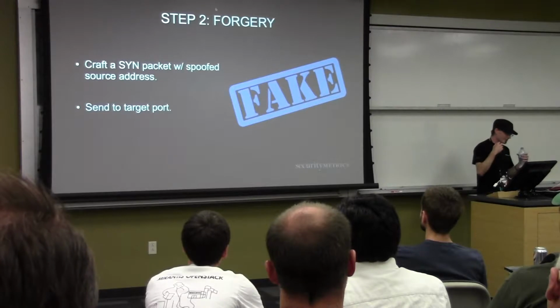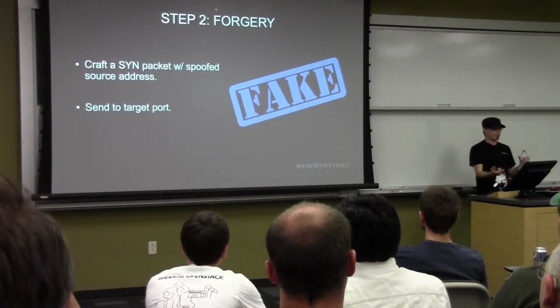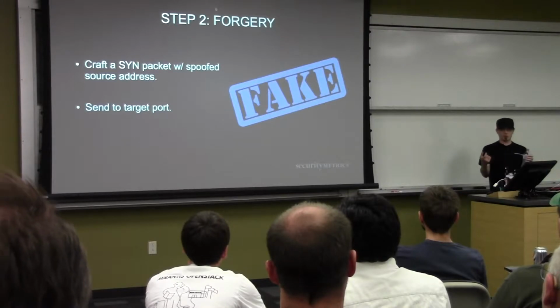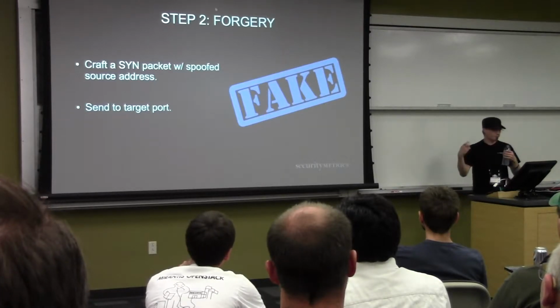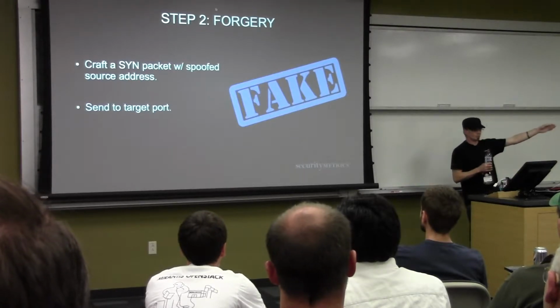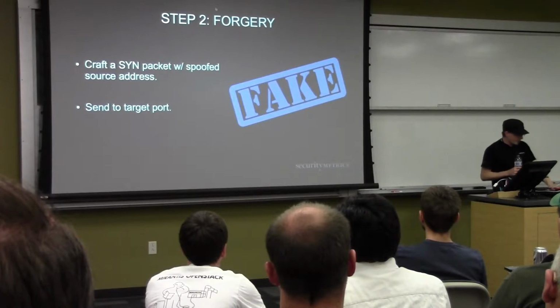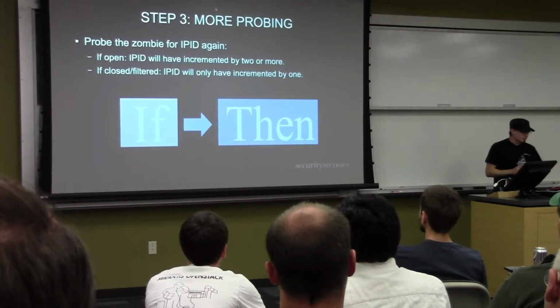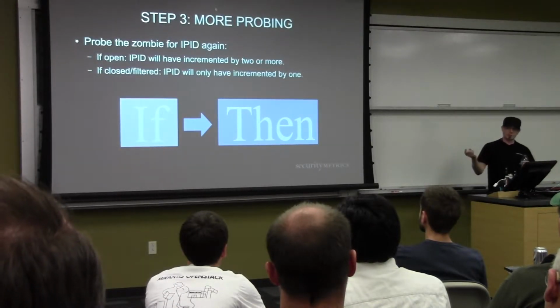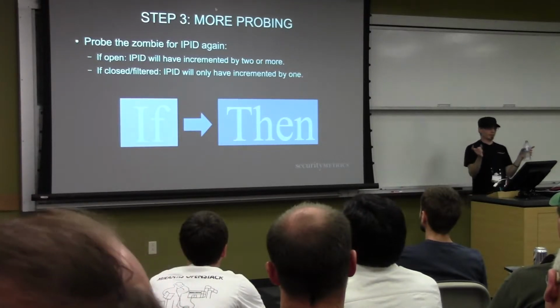The second step is you spoof your SYN packet so that it appears to come from the zombie host, and you send it to whatever port you want to scan on the target. And then step 3 is you probe the zombie's IP ID once more and compare it to the original.